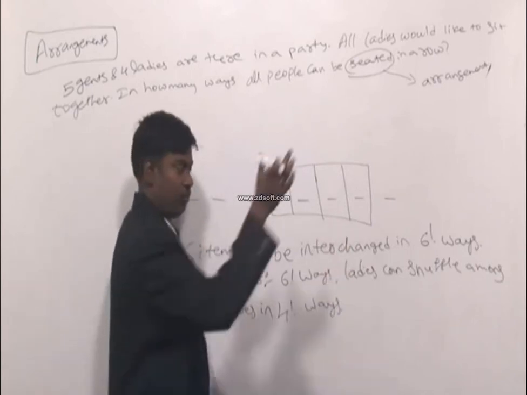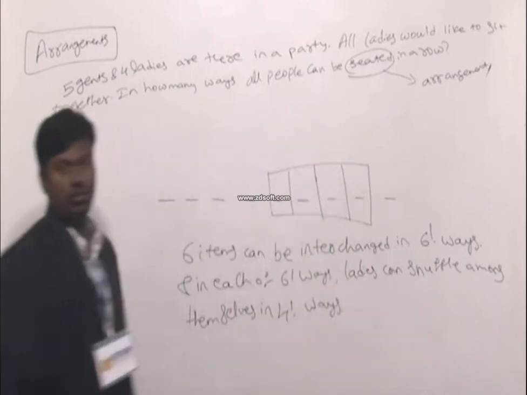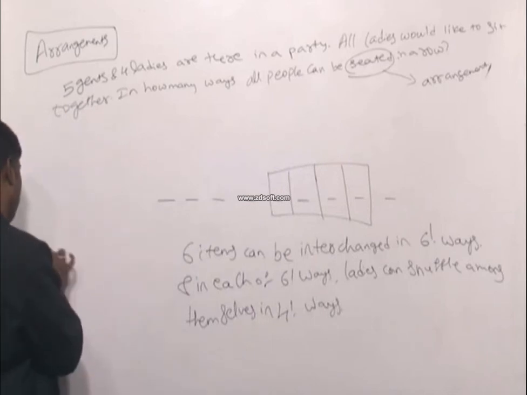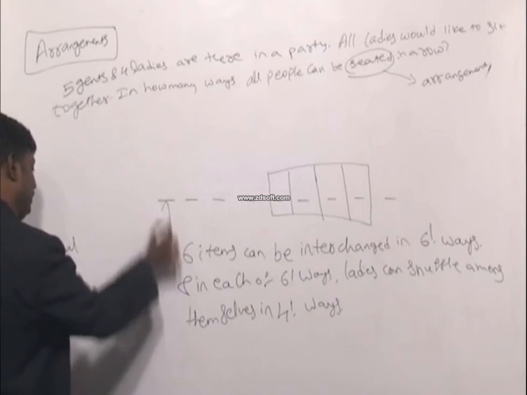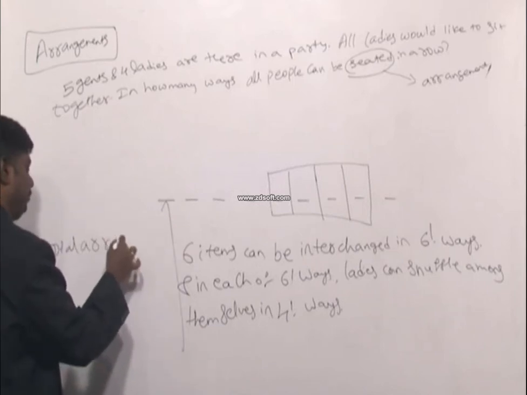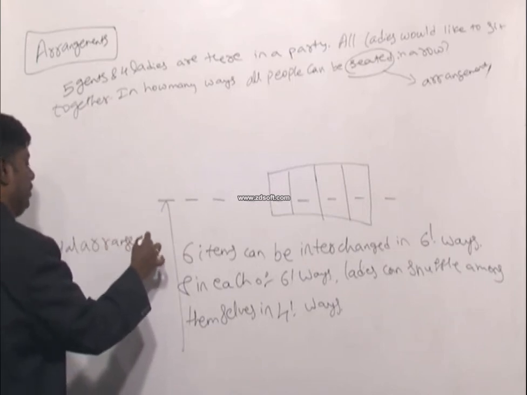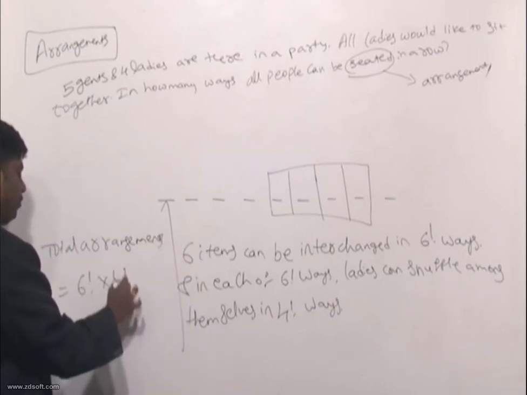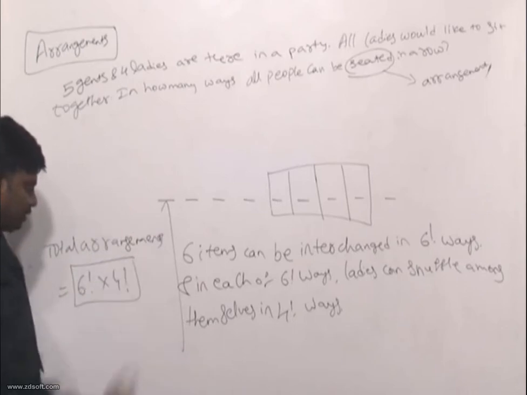So in each of those 6 factorial arrangements, ladies can shuffle in 4 factorial arrangements. Therefore, total arrangements, I said for each, therefore 6 factorial into 4 factorial. That's the answer.